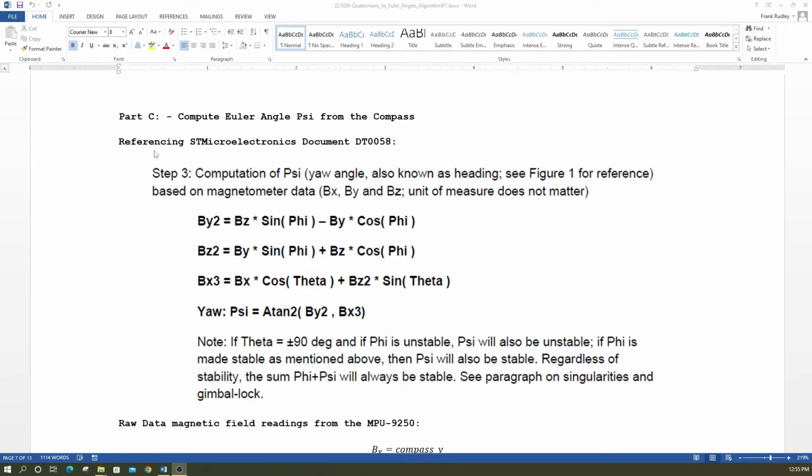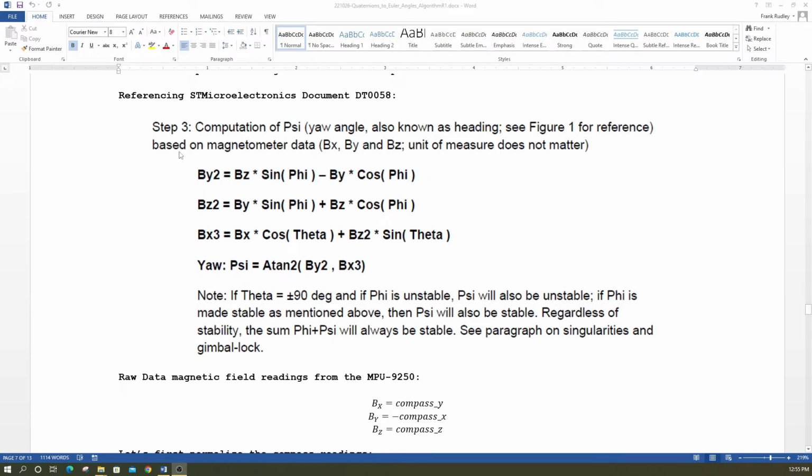So getting back to the STMicroelectronics document DT0058, it has a step 3 in it. It says computation of psi, yaw angle, also known as heading, based on magnetometer data, Bx, By, and Bz. Units don't matter as long as you use the same units for all of them.